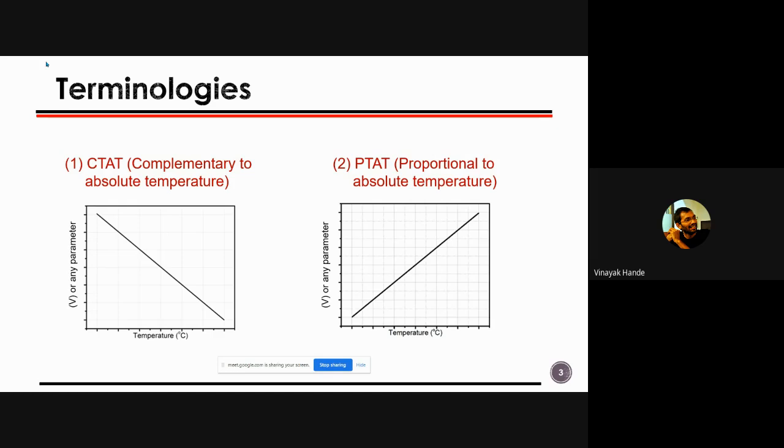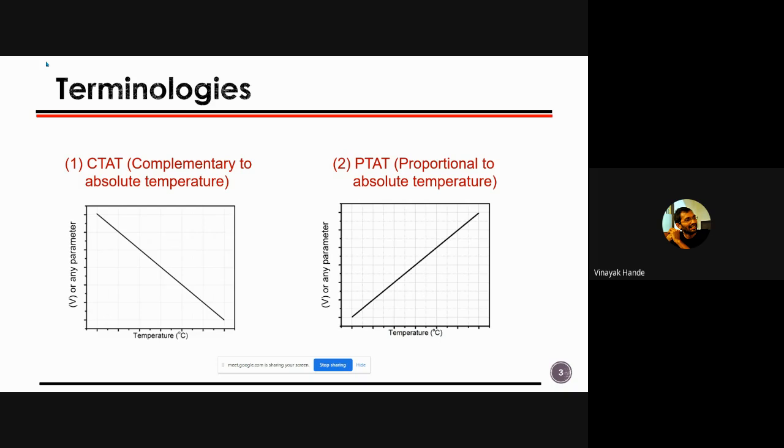Okay. These are quite basic terminologies. I think everybody must already know them, but just to complete the formalities, I have to go through this in case anybody doesn't know these terms. On the left hand side, you can see the CTAT, the voltage which is reducing with temperature, right?